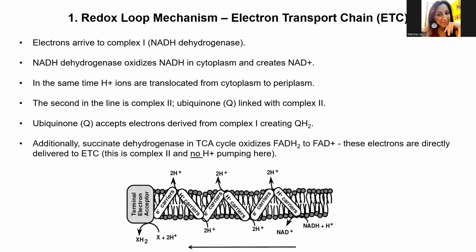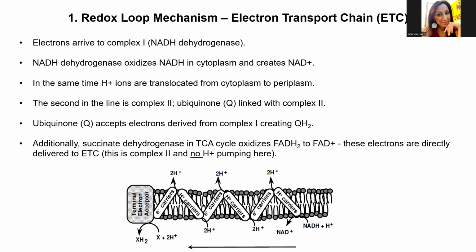Another part of this complex 2, which is tightly linked to complex 2 but is in the cytoplasm, is part of the TCA cycle. Again, the TCA cycle will be mentioned in Unit 6.